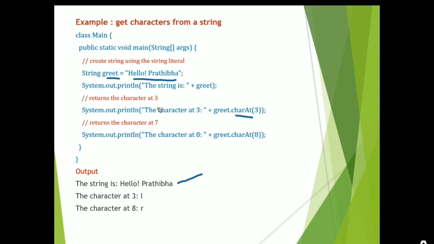What is the index? 0, 1, 2, 3, which holds the L. 3 means it is the fourth position, third index position, so it returns L. For charAt 8, it has R, so it returns R. Like this, charAt can be used to return the character from the string at a specified index position.